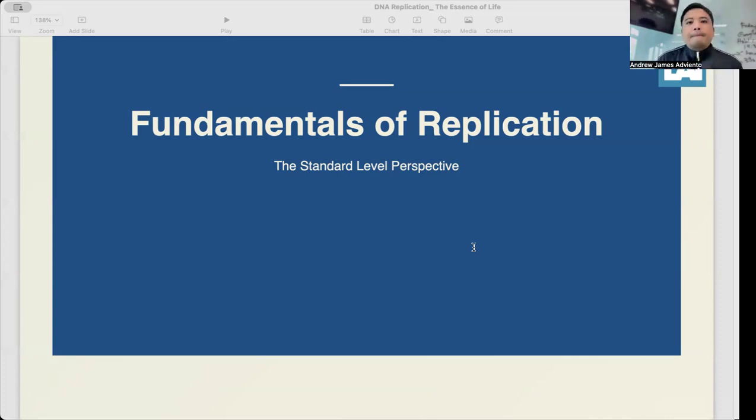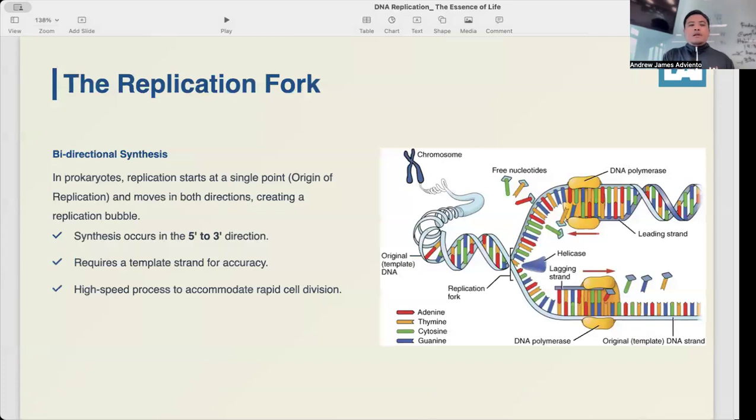It is dynamic, and because prokaryotic DNA is usually circular, replication begins at a specific point called the origin of replication. So the replication fork, I already mentioned this to you before. If the DNA opens up, it forms what we call a replication bubble with two forks moving in opposite directions.